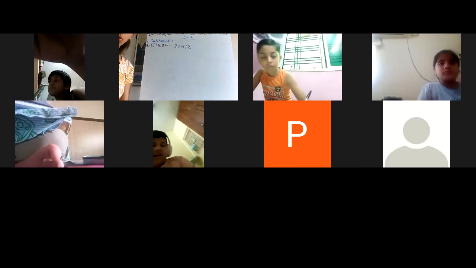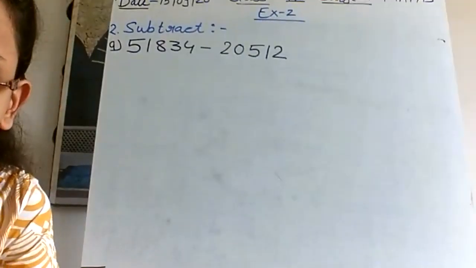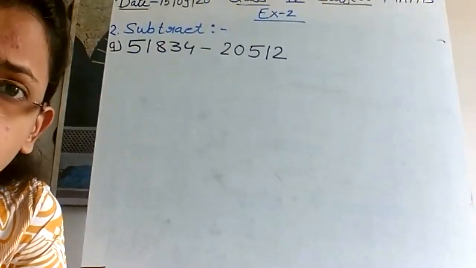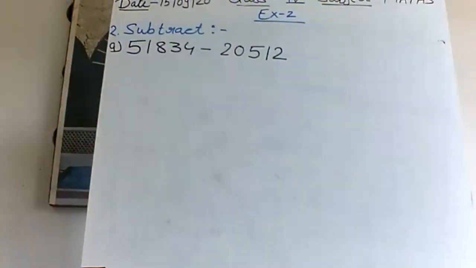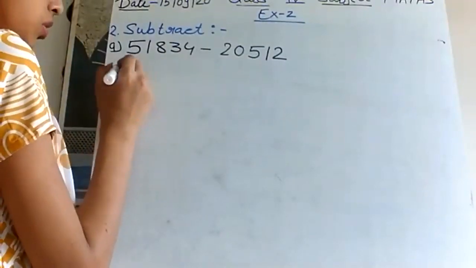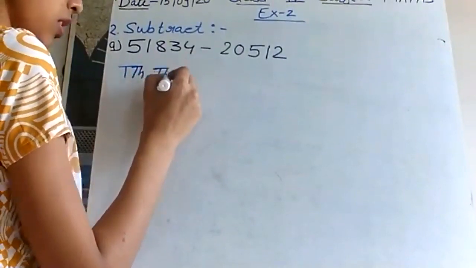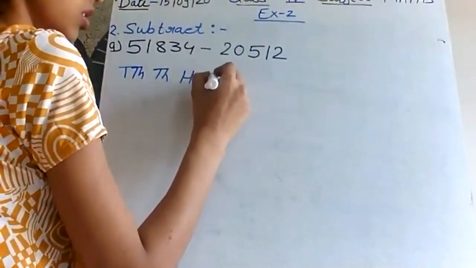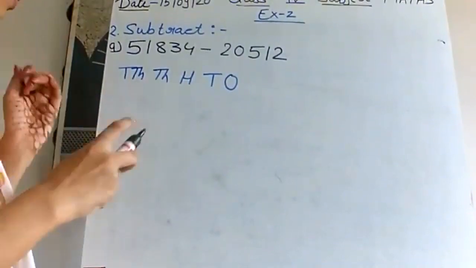First step is you have to first write down the place value, then arrange the numbers according to their place value. First write down the place value: 10,000, 1,000, 100, tens, ones.